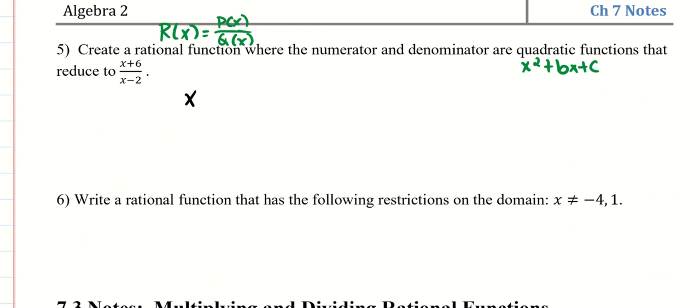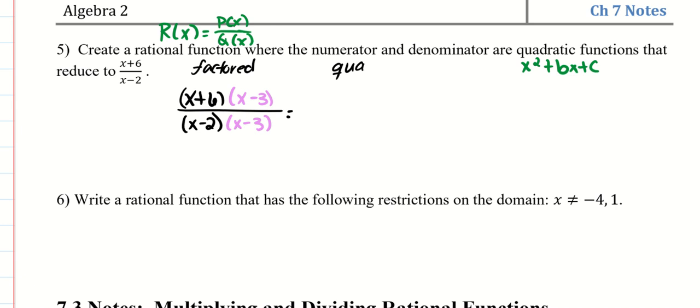So if we have x plus 6 and x minus 2, this is our simplified form. I would like to multiply the numerator and denominator by the common factor, x minus 3, because I know that those would cancel. So we have, this is factored.